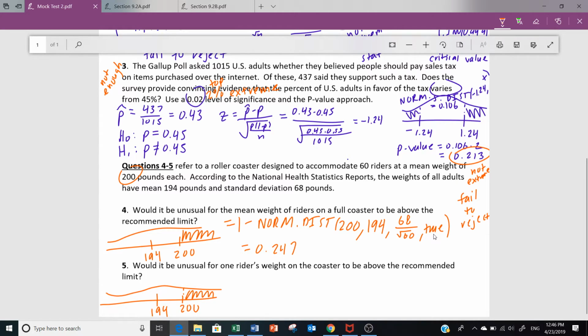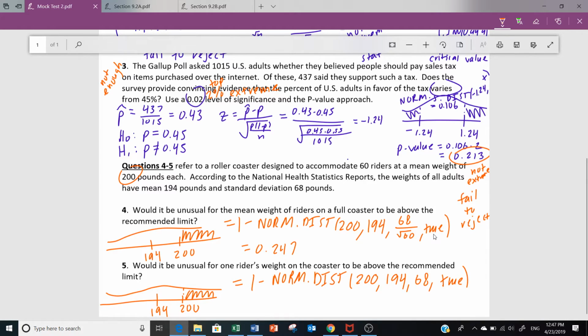Then the last one is basically the same thing, but again, the limit is 200, but you're saying the individual weight is 200. So again, it's still the right area, norm.dist, but what's the only thing that's different? You don't divide the standard deviation by the square root of 60, because it's the individual, it's not the mean.